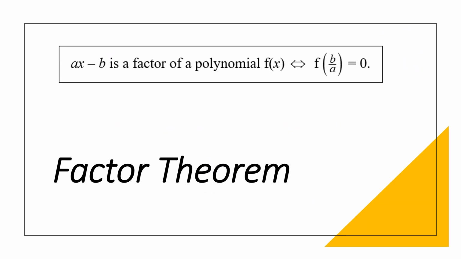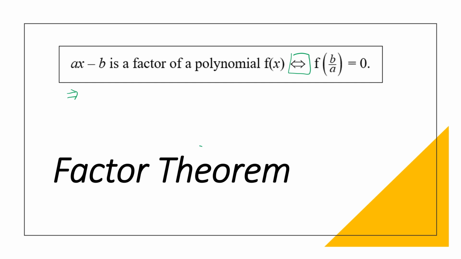Building on what we have just learned, we can apply it to polynomials. It's actually quite simple. If you look at this here, there are 2 arrows. One is this arrow going forward.